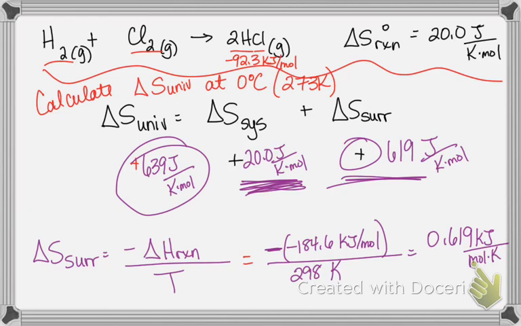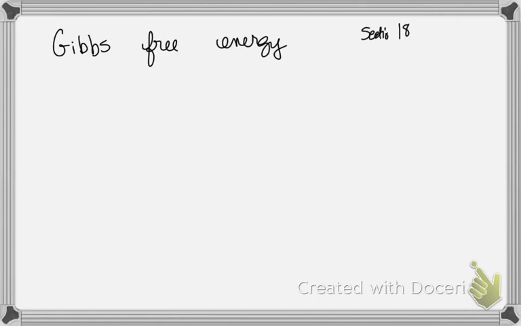So there is a thermodynamic function that allows us to just make measurements about the system to predict spontaneity. And that function is called the Gibbs free energy. And this process is derived in your book. This is actually starting section 18.5 in your book, but without deriving it.